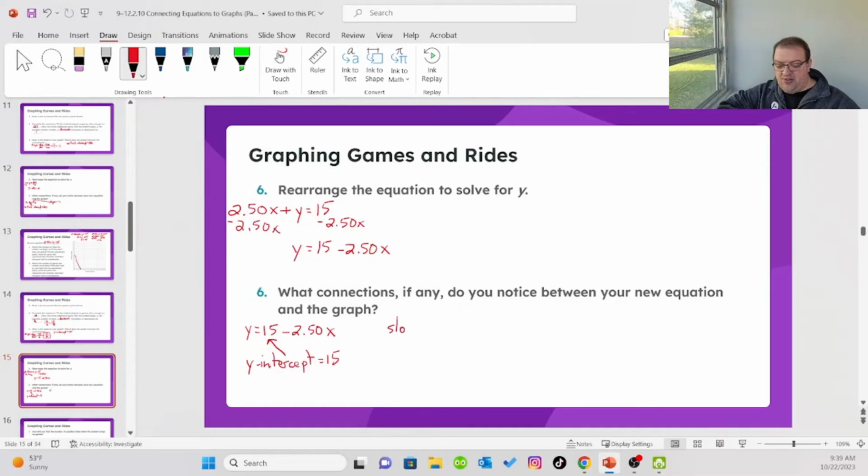Then we said that our slope was change in y over change in x, which was negative 15 over 6. We divided negative 15 by 3 and got negative 5. We divided 6 by 3 and got 2. Negative 5 halves is negative 2.50. And we can see that our slope, again, ends up being the number that is attached to our x.